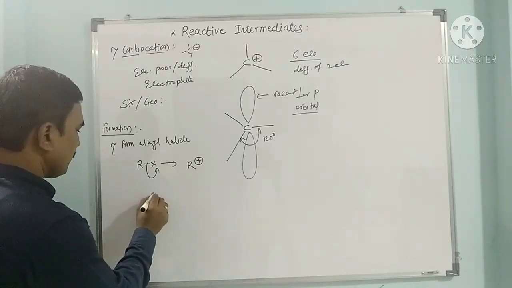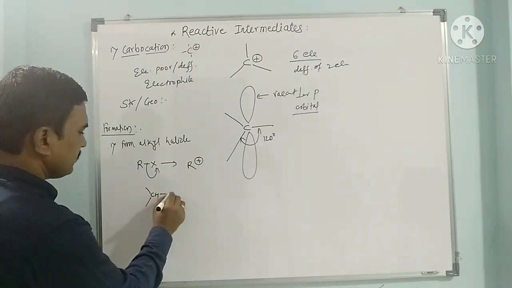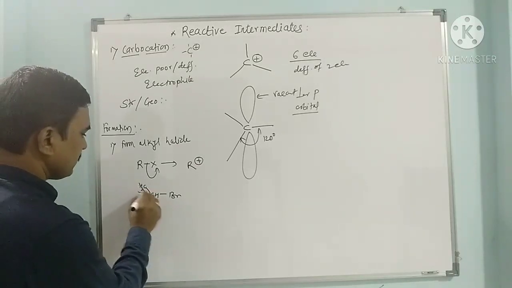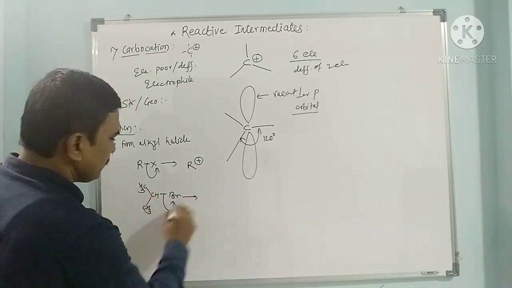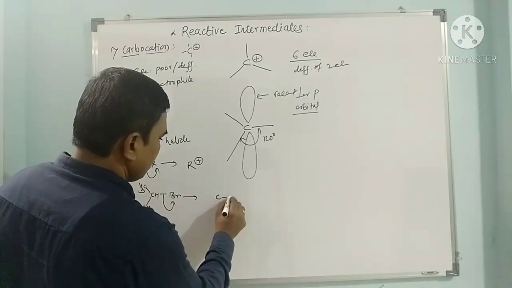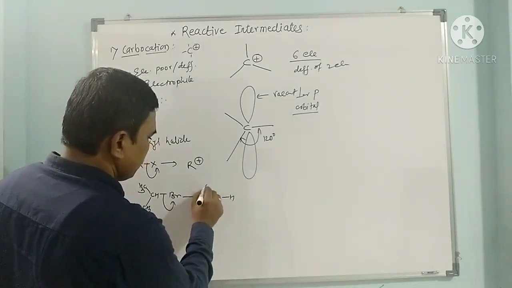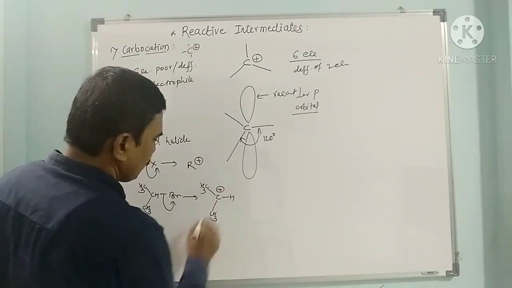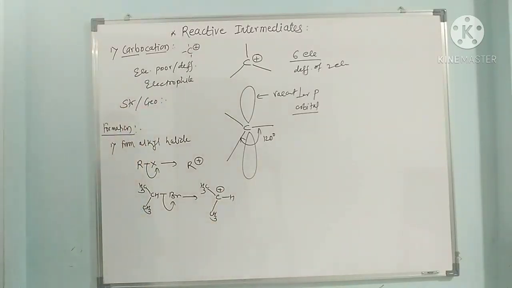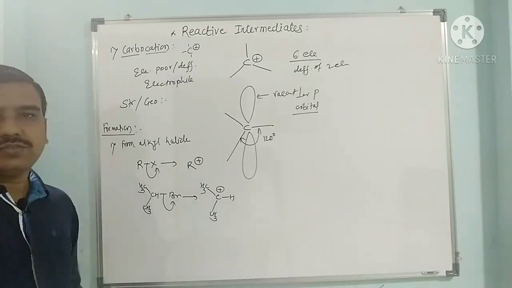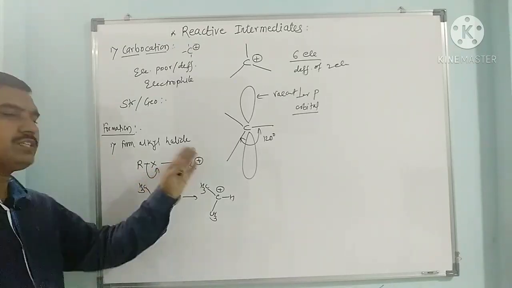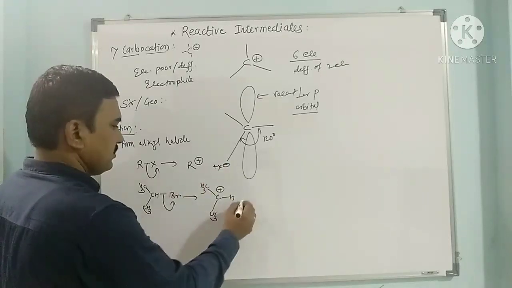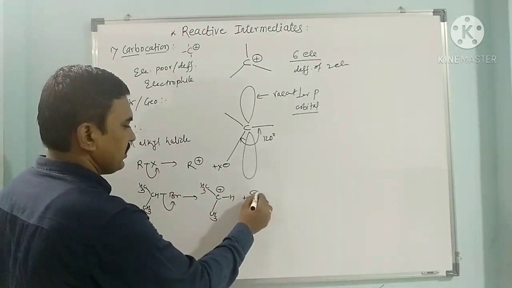When we have isopropyl bromide, CH3, CH, CH3, when Br detaches from this, we get CH3, CH plus, CH3. So this is a carbocation. So carbocation is formed by the dissociation of alkyl halide. The halogen departs with the electron pair, meaning we get R plus and X minus, and this plus Br minus.